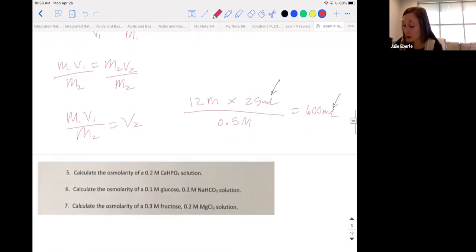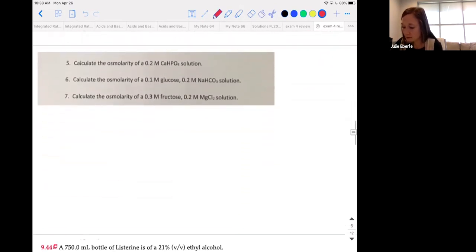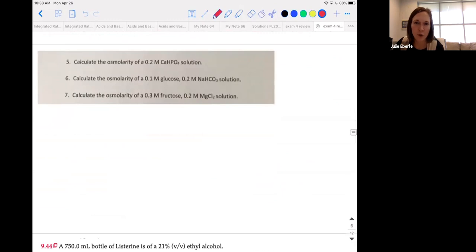Okay. All right, now let's get to some more hard stuff. Osmolarity. Know how to do this. So calculate the osmolarity. You're given 3 solutions here. Remember, they tell us the molarity of all the different compounds.